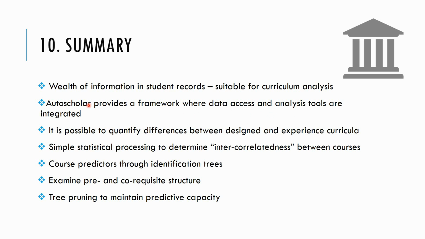We are opening this to other institutions, so if you are interested in this, please contact me. And so we can quantify the differences between the designed for and the experienced curriculum. We can use the Pearson R coefficient to determine how intercorrelated the courses are. And we can try and predict outcomes in courses using identification trees.